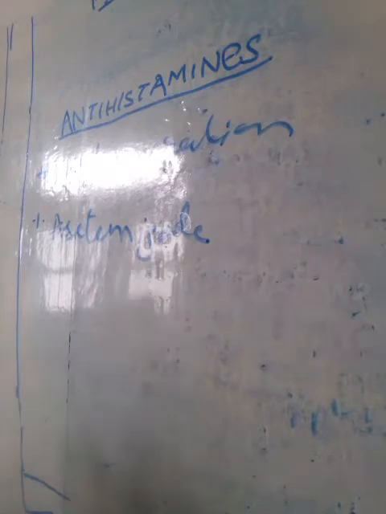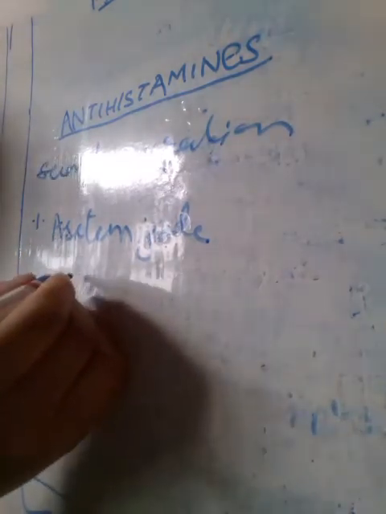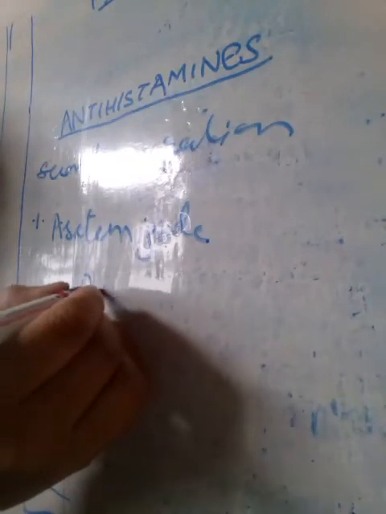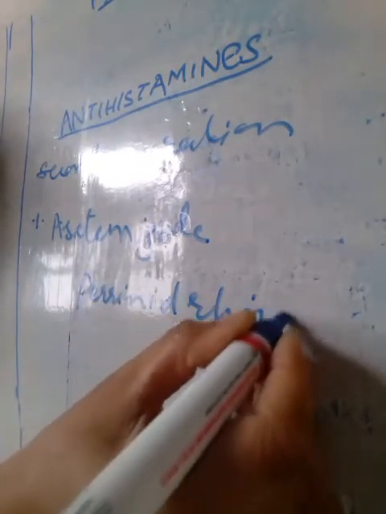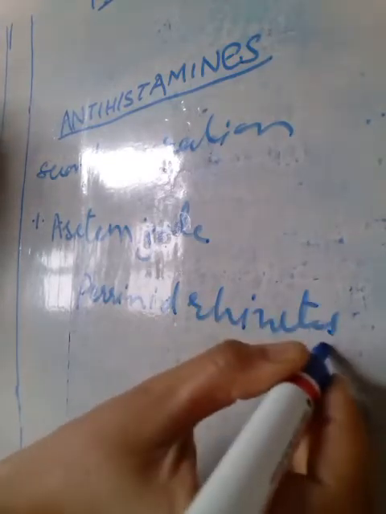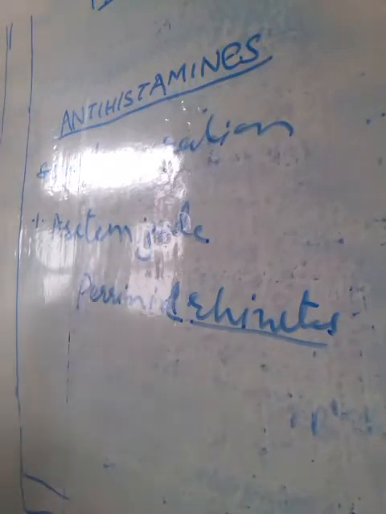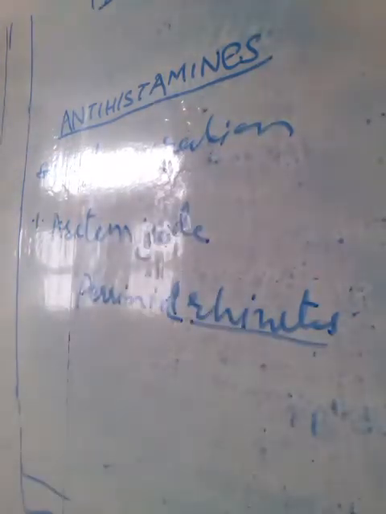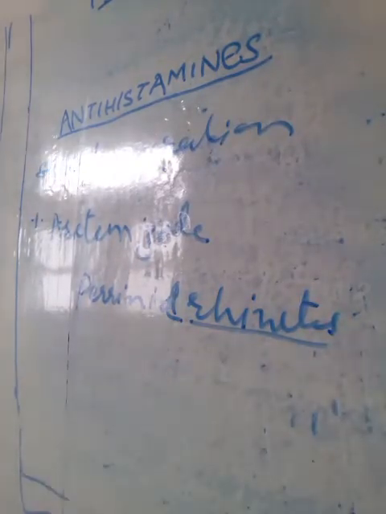Acetamazole is similar to terfenadine, its onset of action is a bit slower than terfenadine, and it is used for perennial rhinitis. What is perennial rhinitis? Perennial rhinitis is the condition in which the patient suffers nasal congestion and a running nose throughout the year. So acetamazole is used in case of perennial rhinitis.